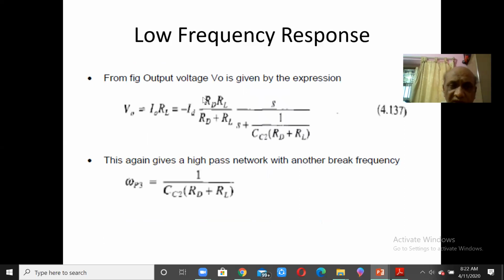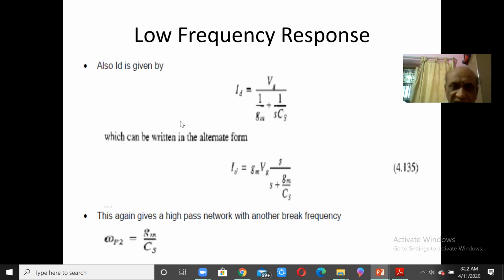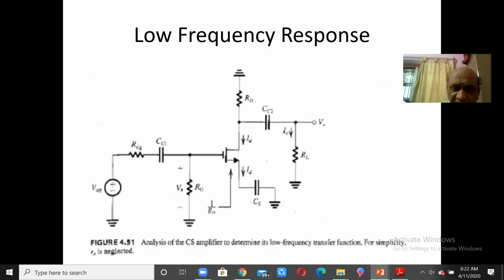Again from the figure, the output voltage V0 is given by the expression I0 by RL. So as I said initially, we have here ID, and in the reverse direction you can consider it as minus ID. Part of this minus ID is going to flow as I0, and part of it is going to flow here.